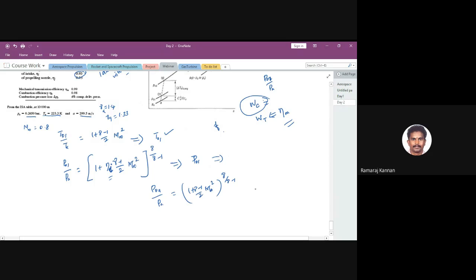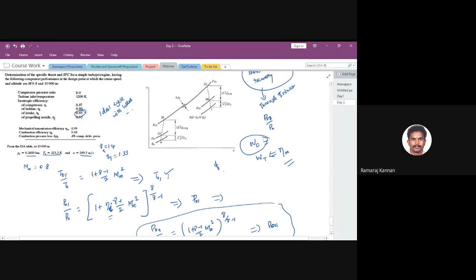You know the PA, so you can calculate your P0A. So P01 minus P0A, that is going to give this much amount of value, or if you want, this much percentage of your P01 is going to be the pressure recovery. If they are going to ask for pressure recovery, you can do that.